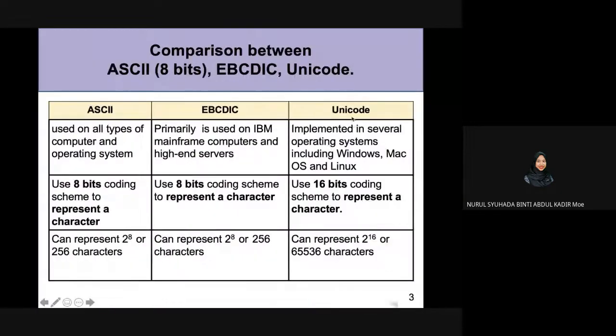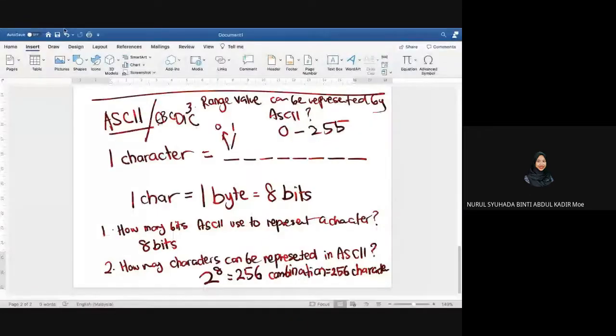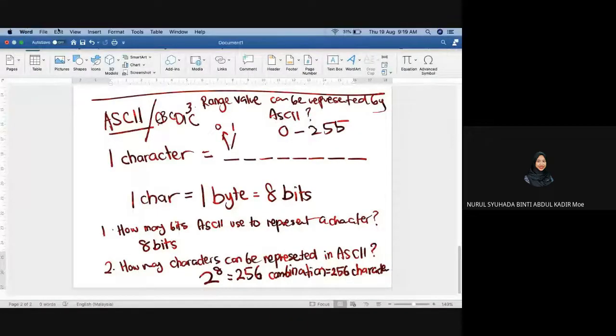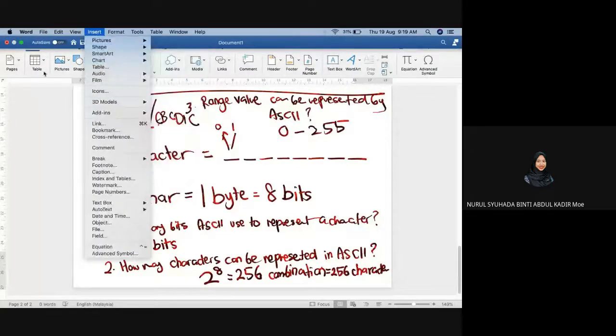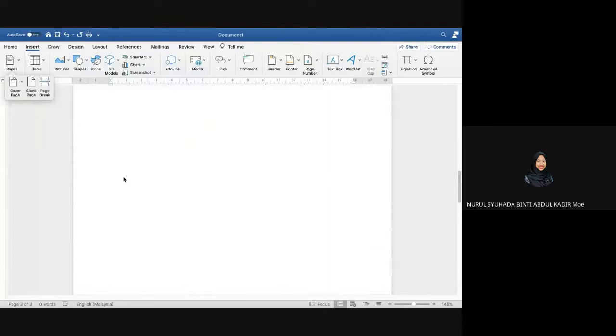Now we are learning Unicode. If you can see, class, Unicode is using 16 bits to represent a character. Tumpukan perhatian anda, please.